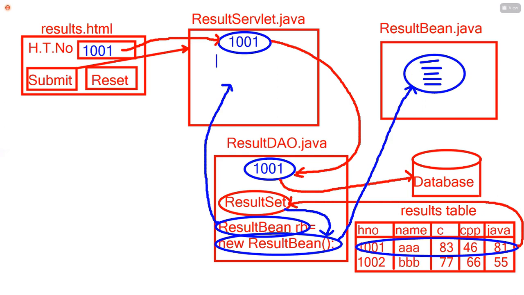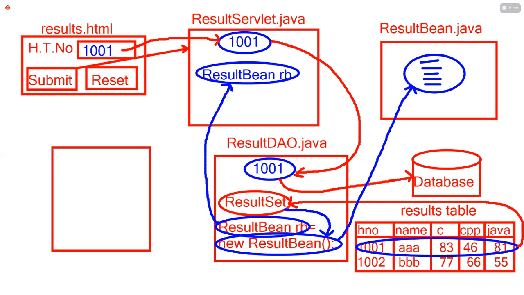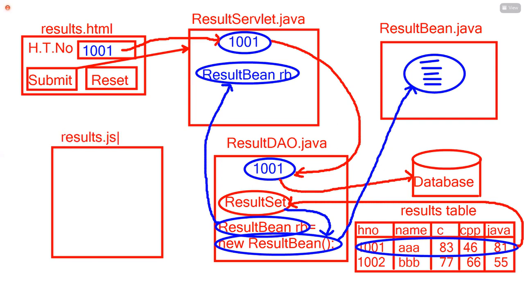You'll get the ResultBean rb, only the reference here. This reference I'll forward to the JSP, results.jsp.